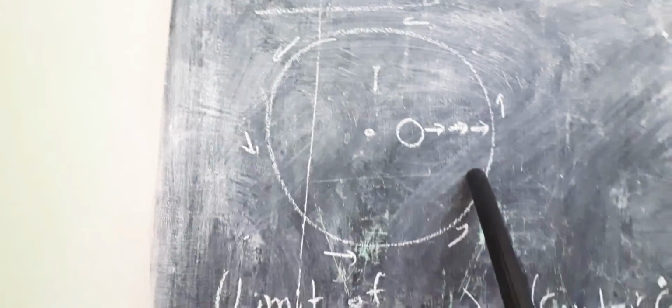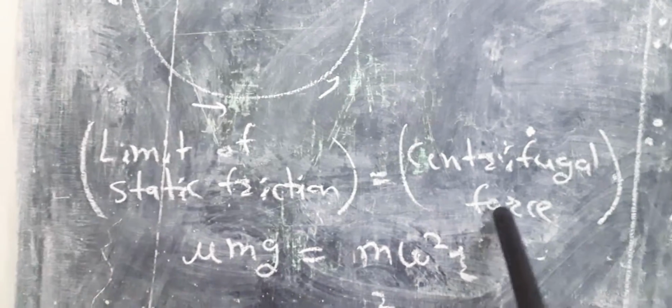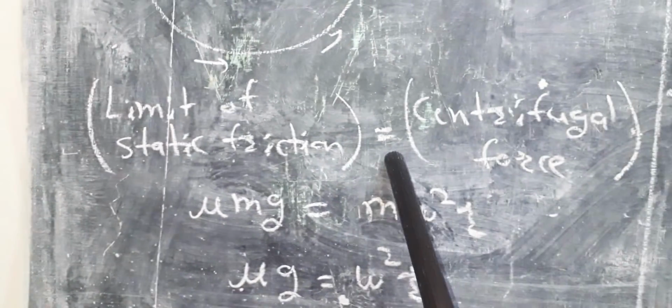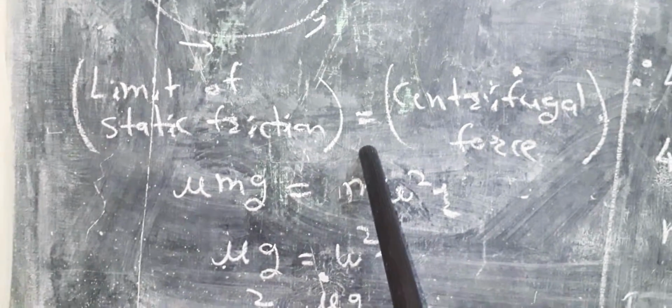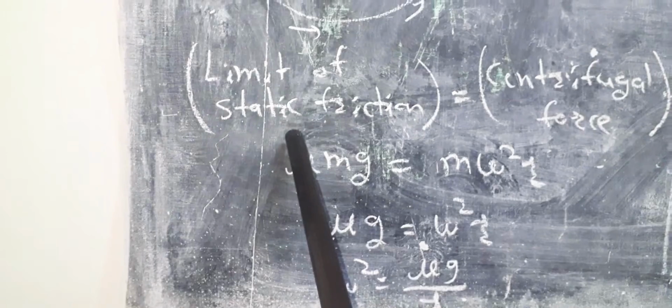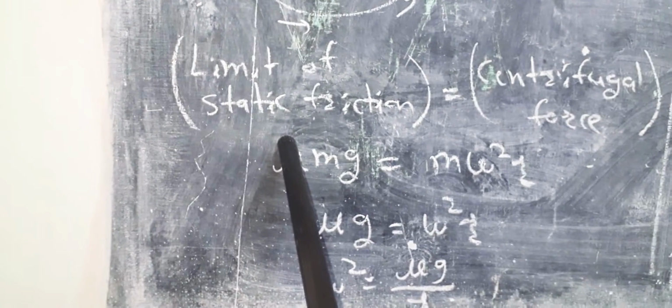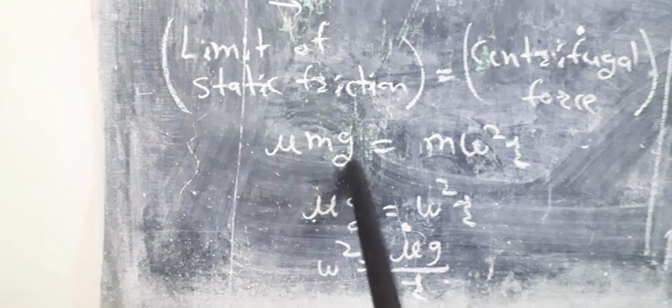So we can say this equation: limit of static friction is equal to centrifugal force. This is an important concept. If you understand this concept, it is easy to find out the value of frequency. What is the maximum frictional force? Limit of static friction, you know the formula, mu into m into g.